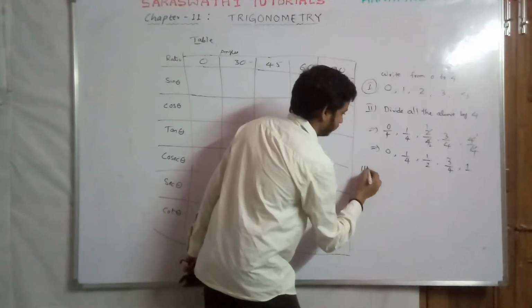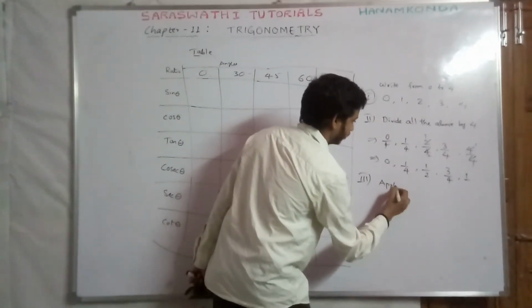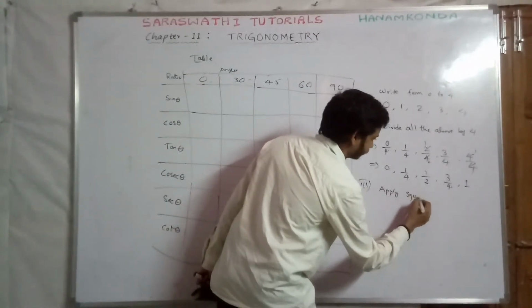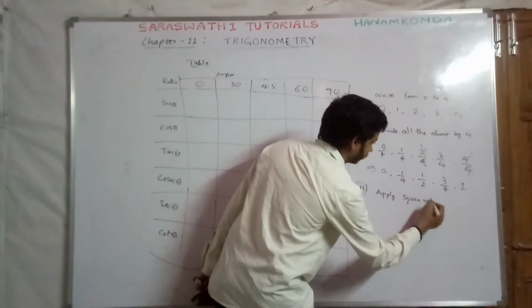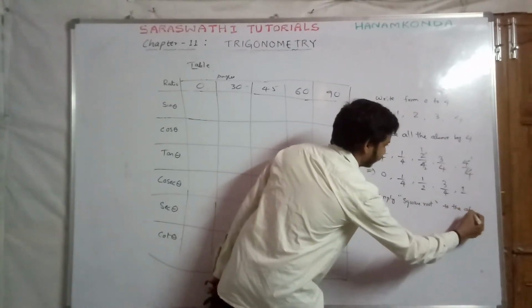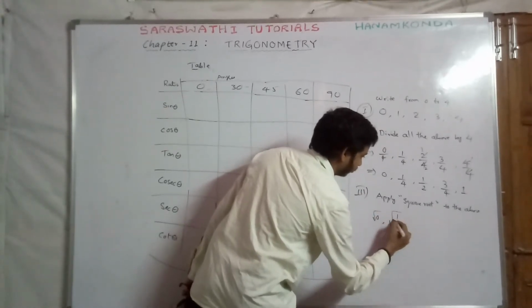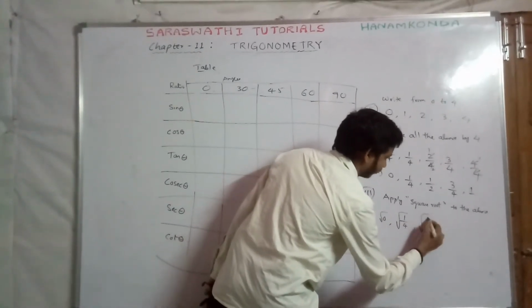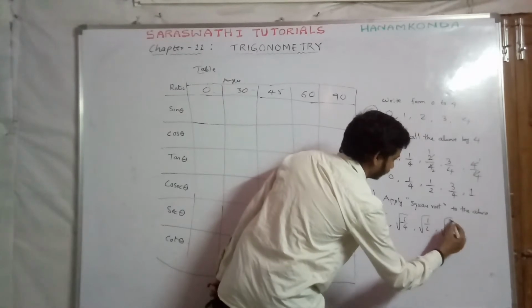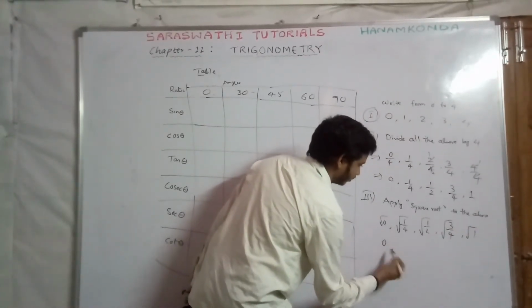The third step is to apply square root to each and every term. So we get root 0, root of 1 by 4, root of 1 by 2, root of 3 by 4, and root 1.